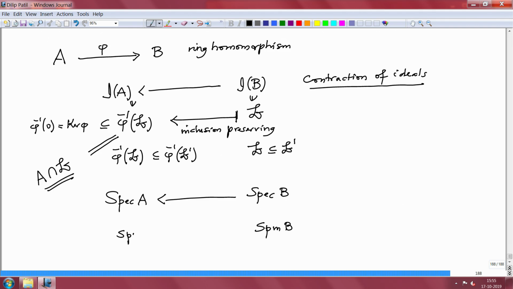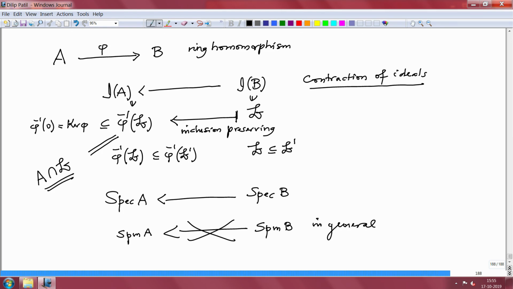So, at this level I will just write this, not in general. But we will prove that this is possible in case of finite type algebras over a field, that will come soon. Okay, this was the contraction of ideals, but now also you can ask the other way.